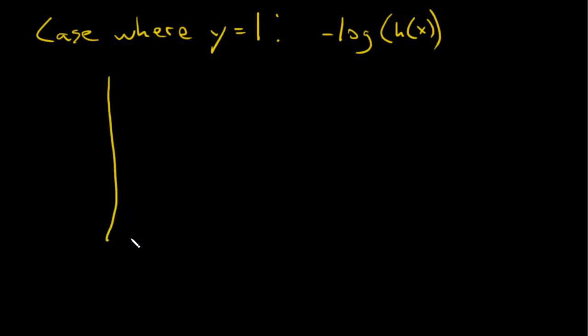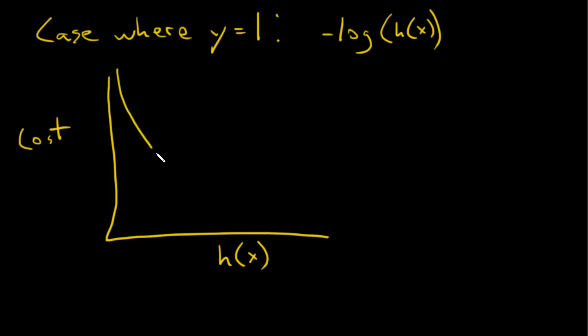Well, it looks like this. With my beautiful artistic skills, I will have the cost function on the y-axis, and I will have my h of x on the x-axis, and it looks like this. Okay, so we'll call this 1. And of course this is 0 right here.